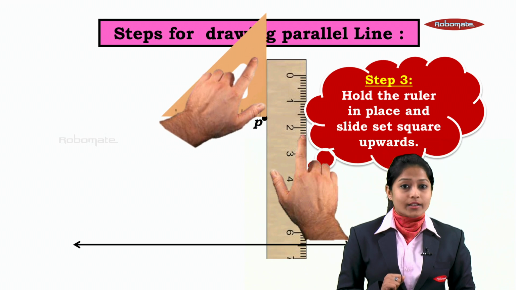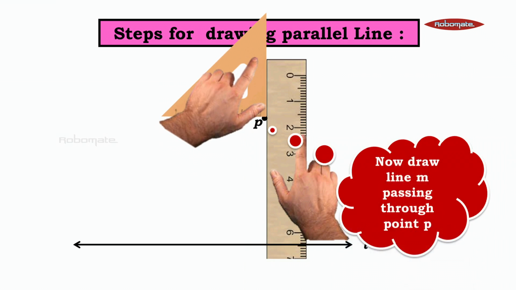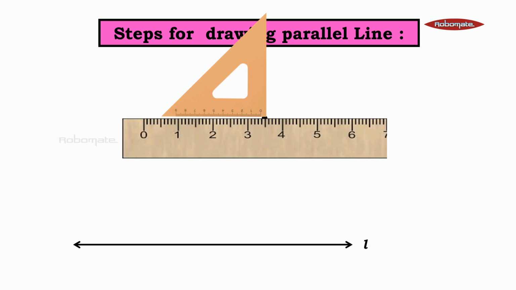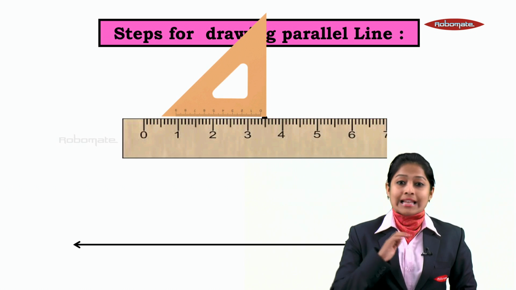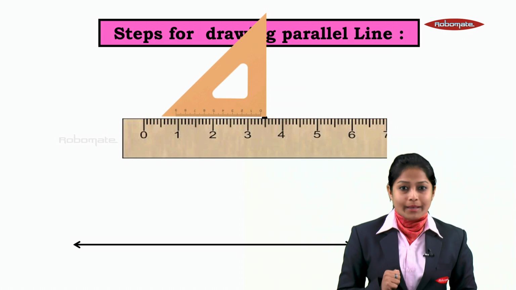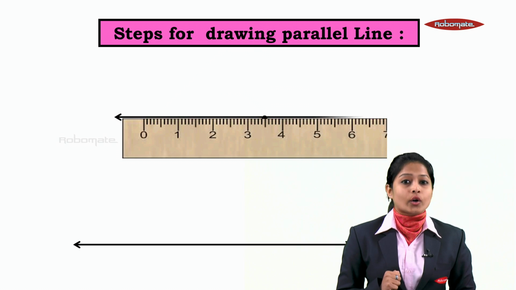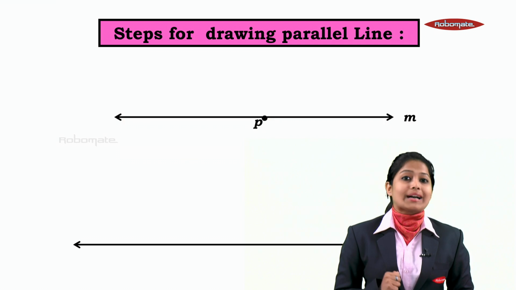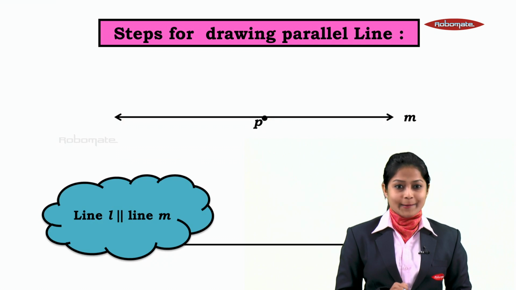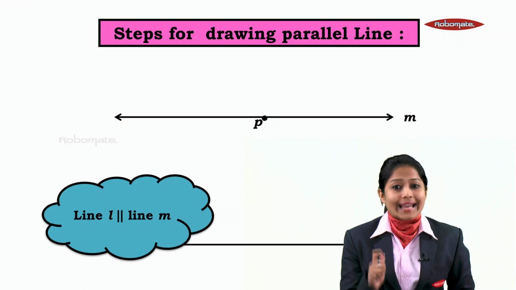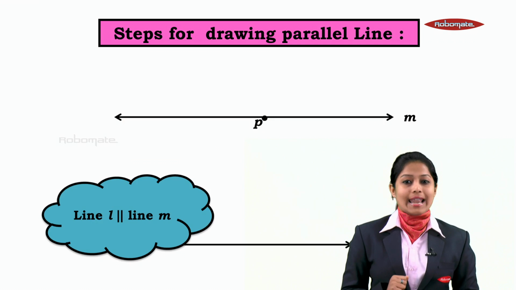Once this is done, we need to draw a line M passing through the point P. So for that, we will turn the position of the ruler, remove the set square from the place and draw a line M passing through point P. So line L is parallel to line M.